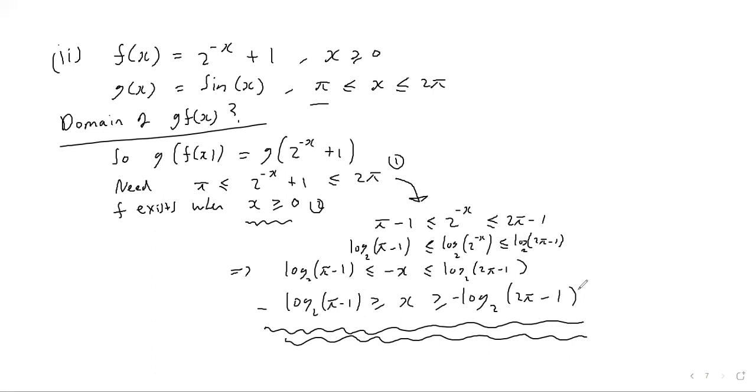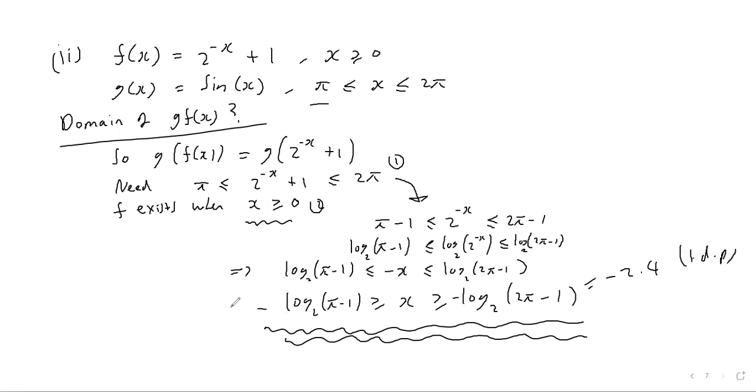Now I'm just going to go to my calculator and type this in. So log with a base 2 of pi minus 1. This is going to be negative, so this number here is roughly negative 2.4 to 1 decimal place.